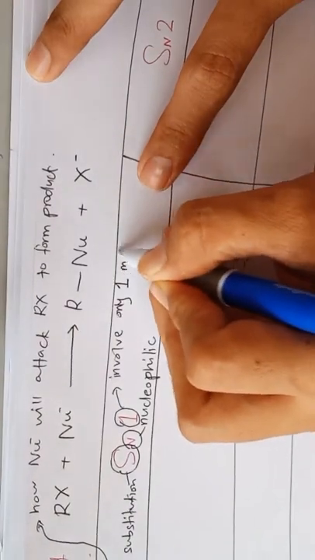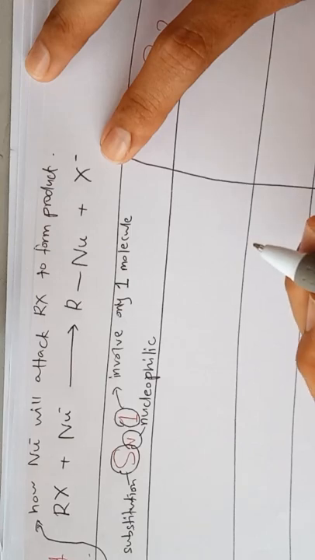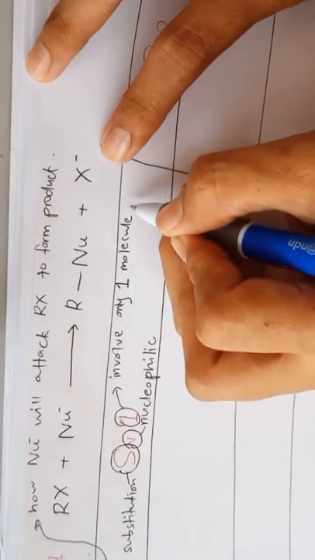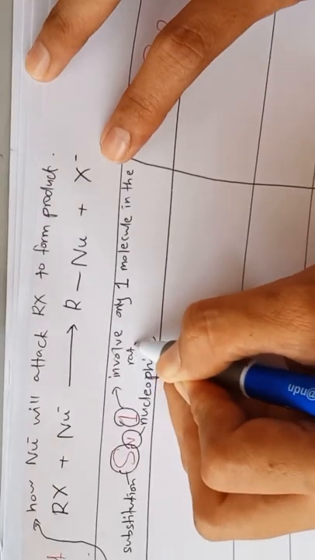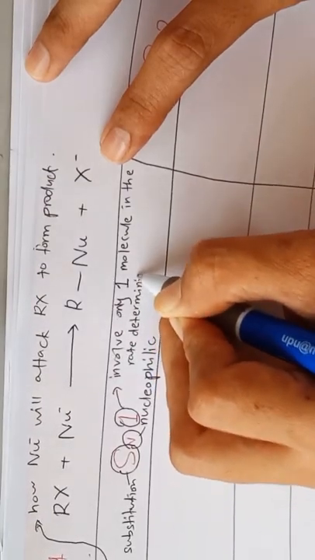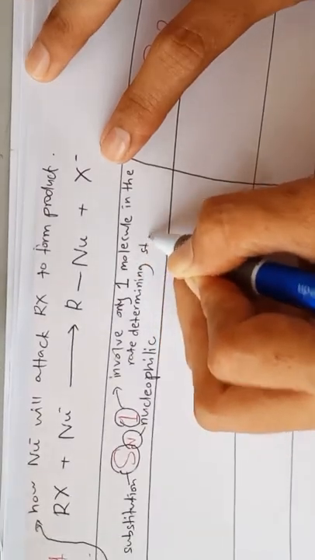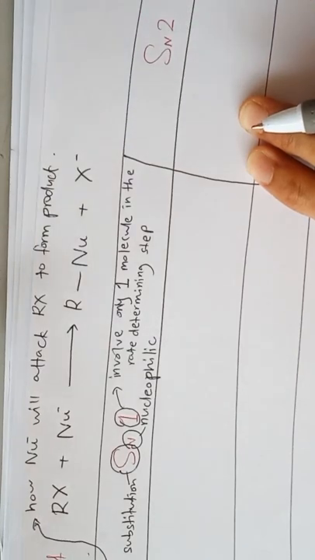To make it easy, it only involves one molecule in the rate determining step.